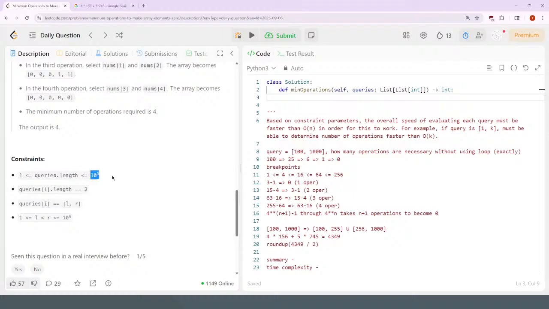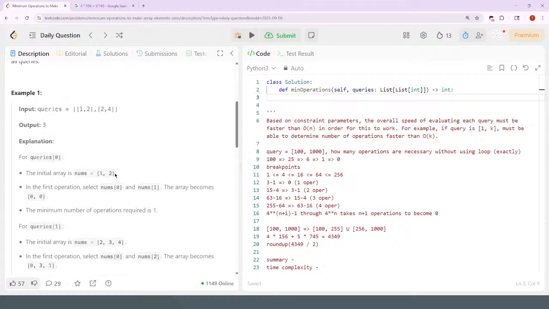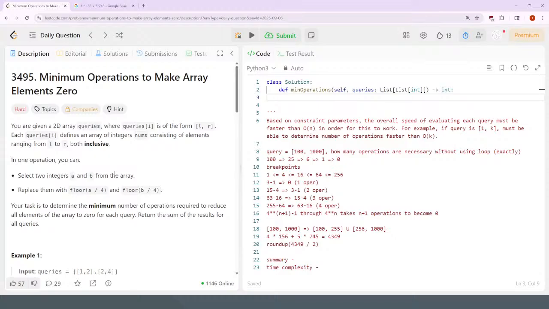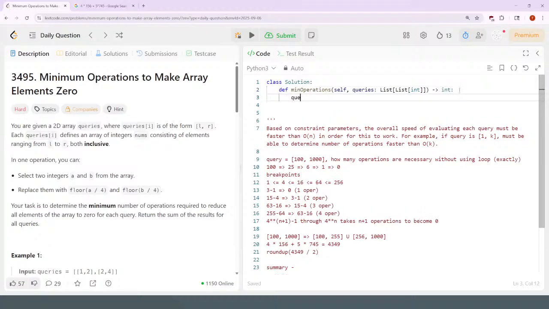Number of queries. It can't hurt to sort the queries.